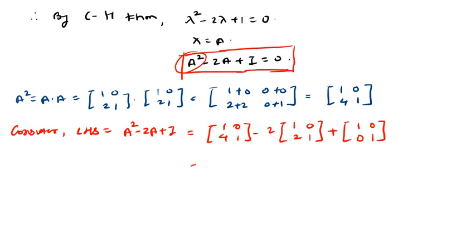Okay, so this is again [1 0; 4 1], okay, minus [2 0; 4 2] plus [1 0; 0 1].